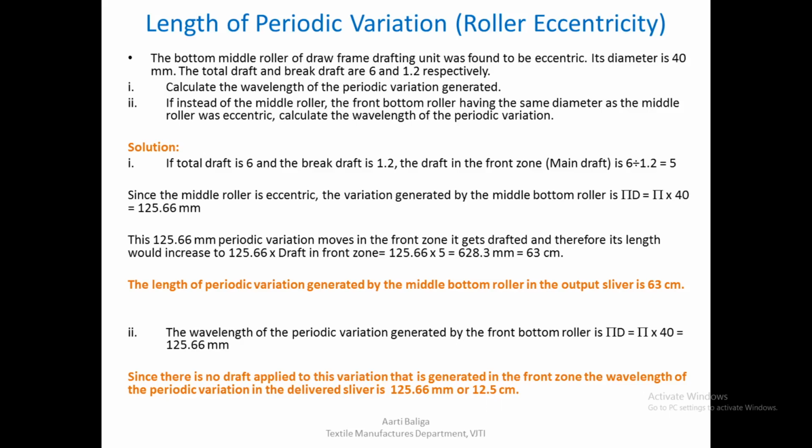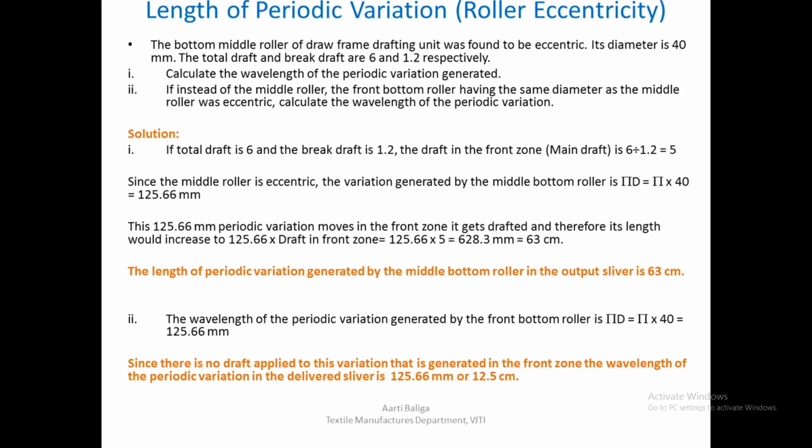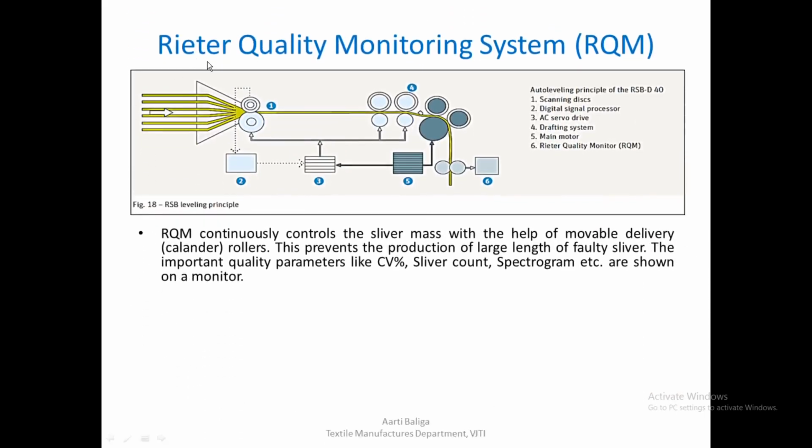So having seen these two types of problems, let us move on to something known as the Reiter Quality Monitoring System, or RQM. So this is the drafting system that we have seen earlier, the RSB D40 model, and we have seen earlier that we used it for understanding the auto leveler, where this was the sensing device, and it's a 4/3 drafting arrangement, and how this works.